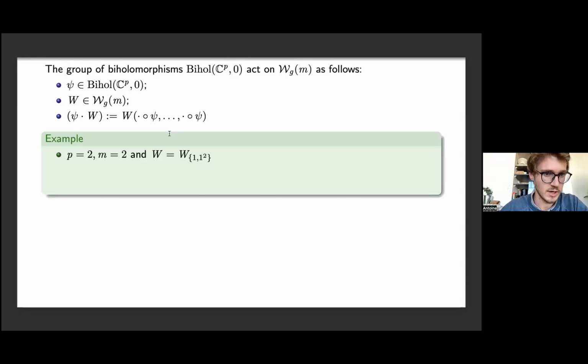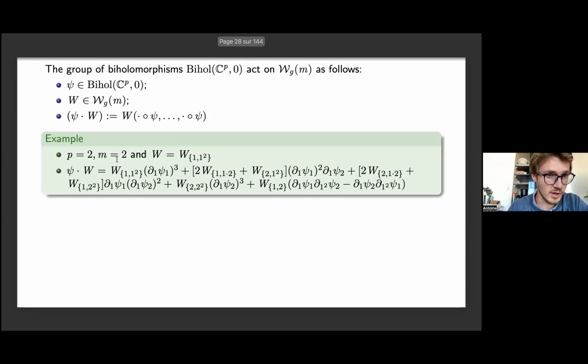And so you will find, here I'll just give what one can find on an example. I think it's clearer. So for instance, if you take this Wronskian, say the canonical Wronskian, where here we have privileged the first variable, and we let a biholomorphism act on it, then we find the following expression. So we have a polynomial in the partial derivatives of the coordinates of the biholomorphism, and the coefficients of this polynomial are pure generalized Wronskians.